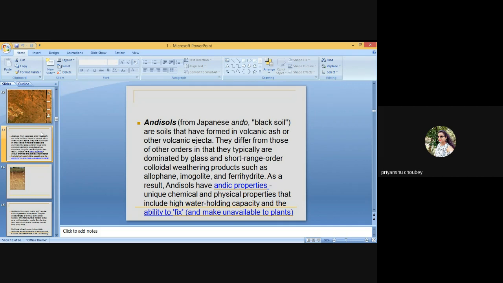As a result, Andisols have andic properties. Andic property means unique chemical and physical properties that include high water holding capacity, and in this soil.